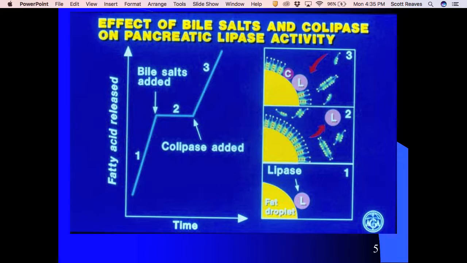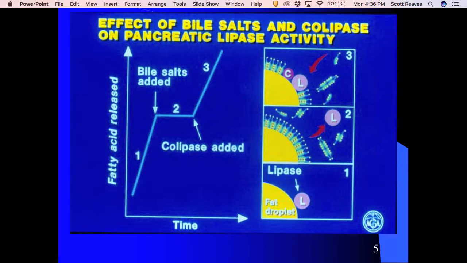So it overcomes the bile acid inhibition of pancreatic lipase. So look, colipase binds the lipid droplet and pancreatic lipase to overcome the bile acid inhibition of lipase.